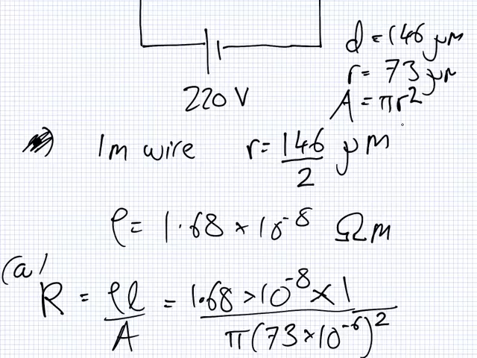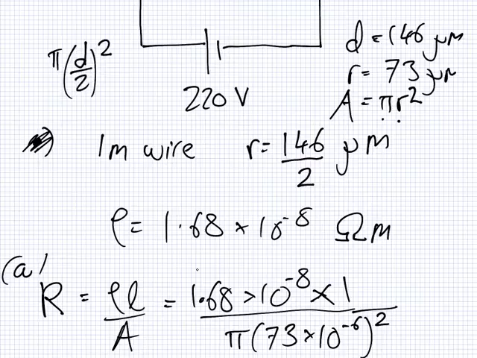The D I change to meters, then I calculate the A using pi multiplied by D over 2, squared. But this is D over 2. No, it's not the same.